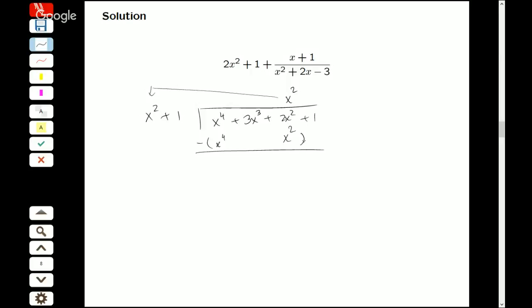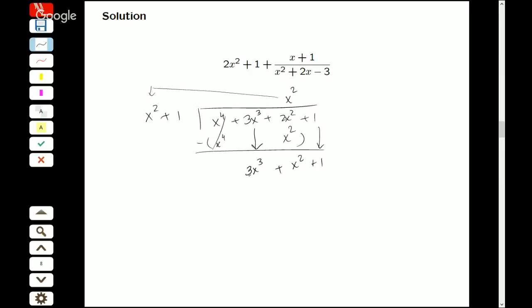Subtract it. The x to the 4th cancels. This gives you a x squared right here, but now you have to bring this one down. So this becomes a 3x cubed plus an x squared, and I'm going to go ahead and bring the plus 1 down because I know it's going to skip that x squared term.